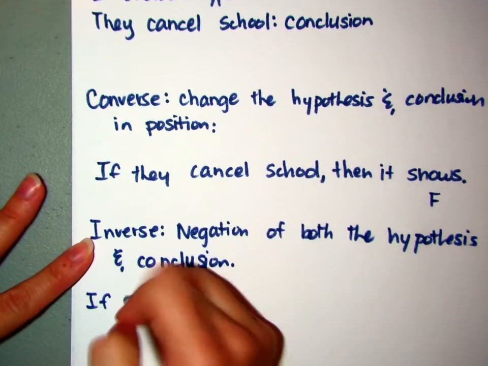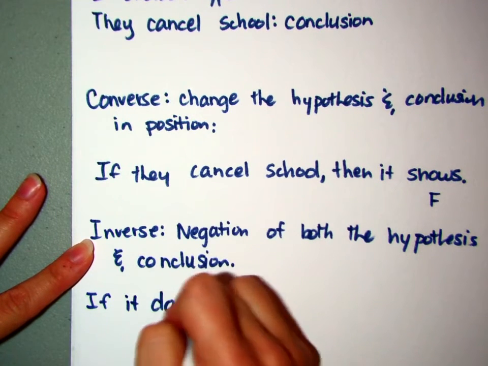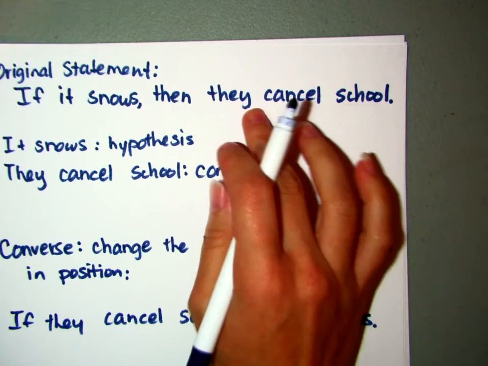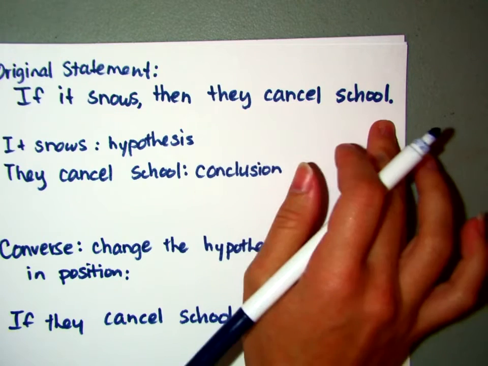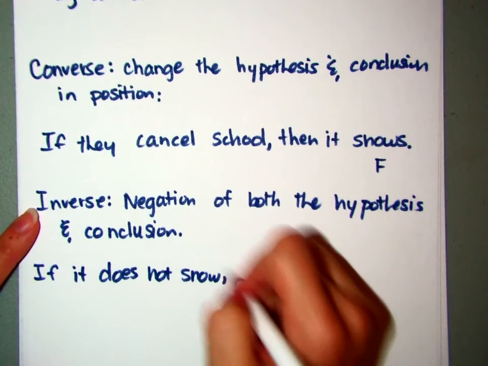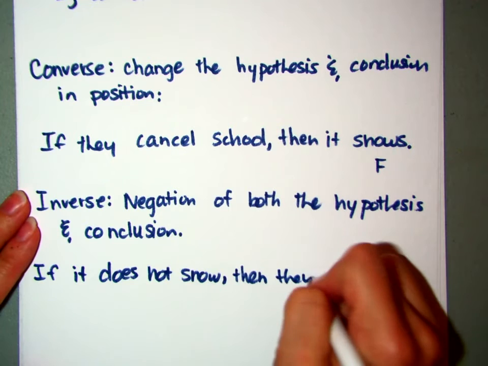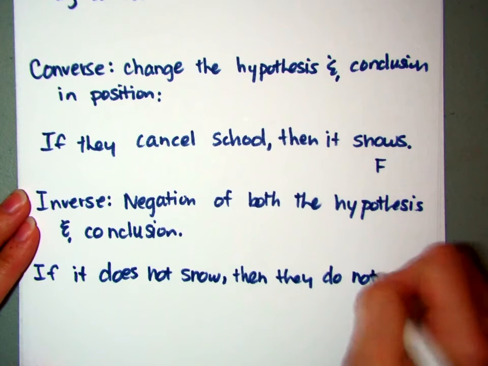If it does not snow, now let's go back to the original conclusion, we also want to negate this. They cancel school, so then they're not going to cancel school. If it does not snow, then they do not cancel school.